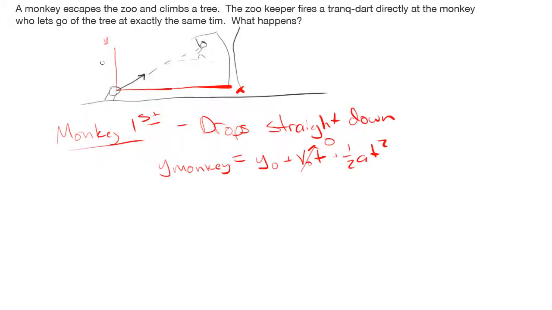All right, if I choose this to be my origin, and I say that the distance from the monkey to the tranq dart, this distance in the x direction is d, what is the height of the monkey? What is y initial? If I give you this angle, we'll call it theta.